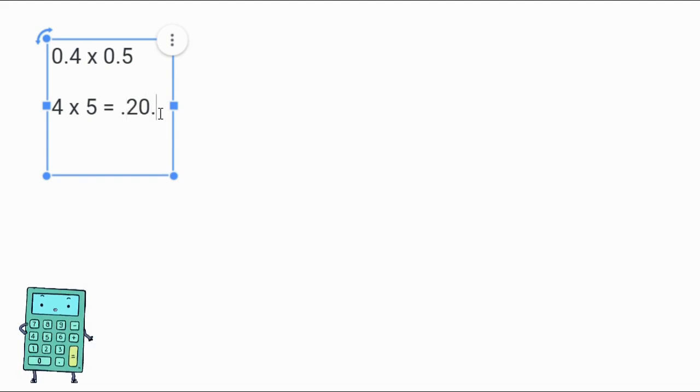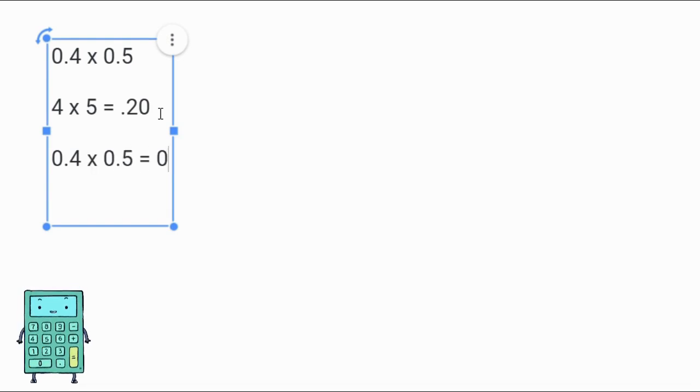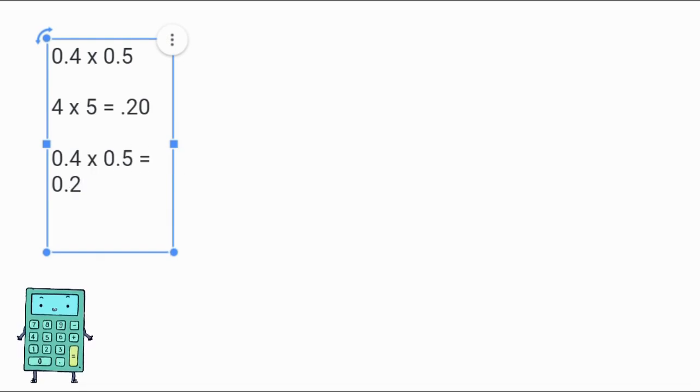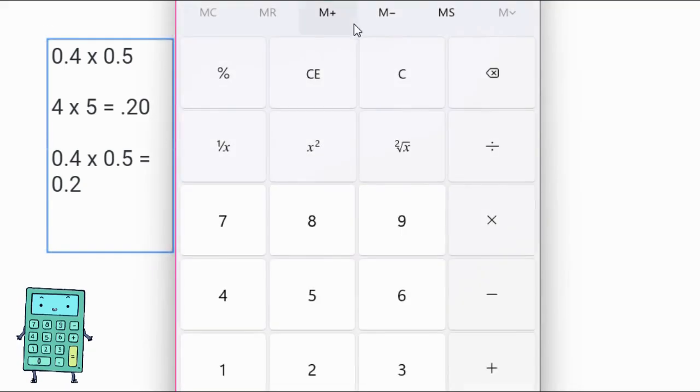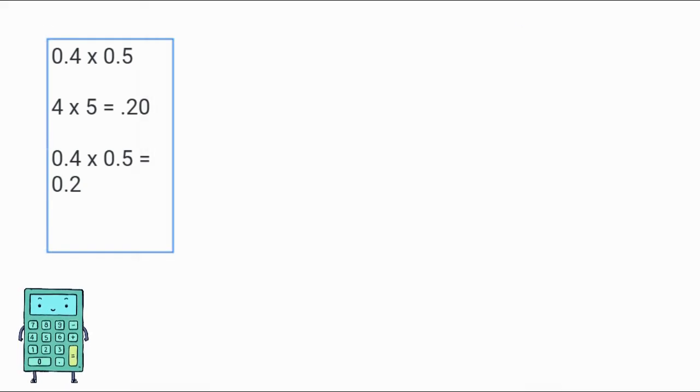So it's going to go here. So the answer is going to be 0.4 times 0.5 equals 0.20, or 0.2. And we can check it on a calculator too. So here we have the answer, 0.2.